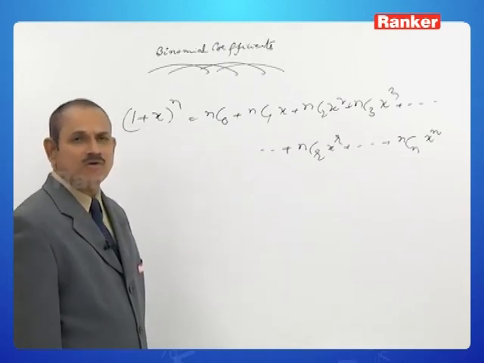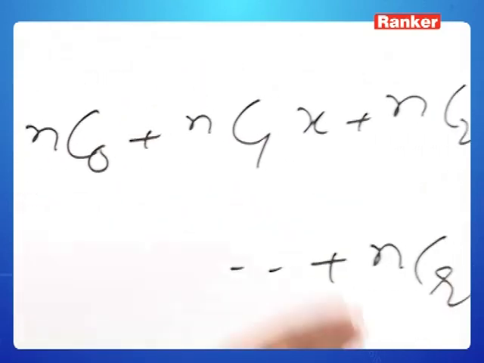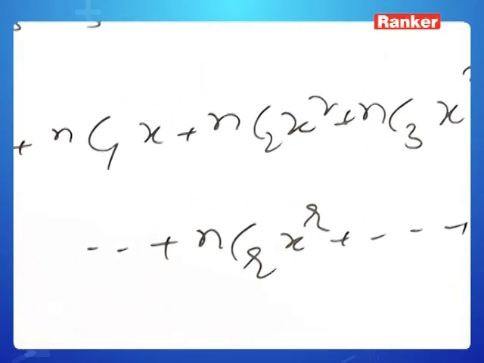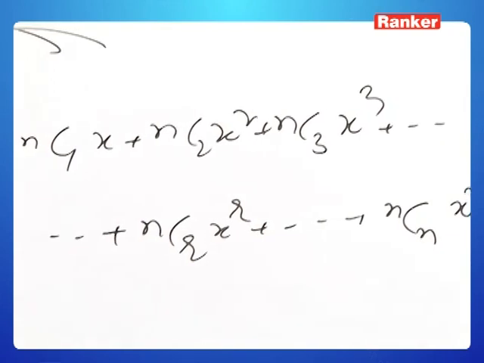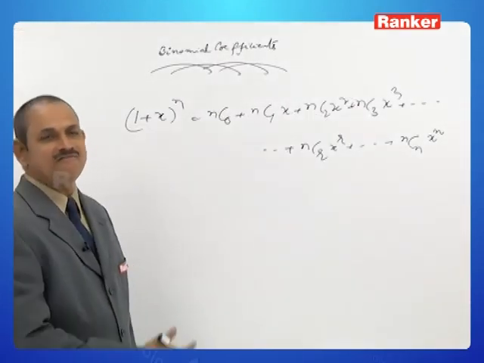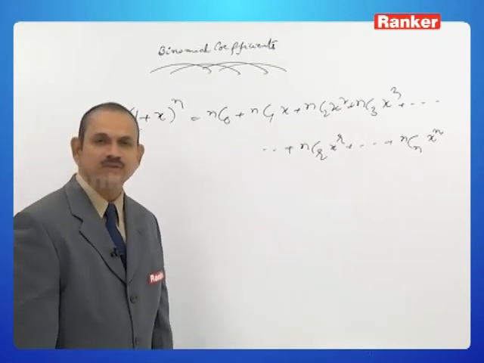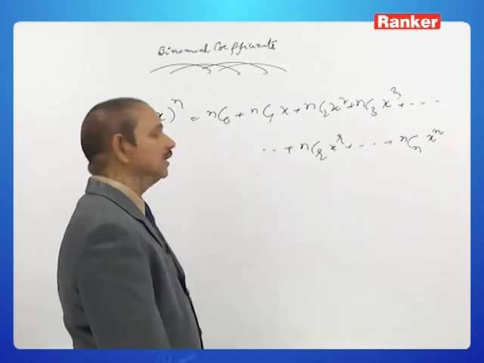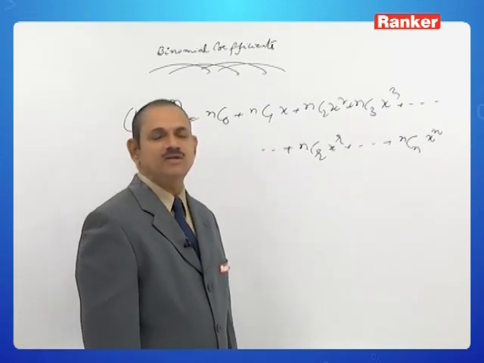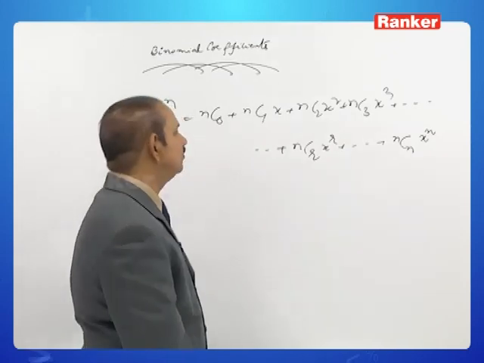The coefficient of x squared is nC2, of x cubed nC3, of x to the power 4 nC4, and of x to the power r, nCr. You need not run for any other value of r like that. It is straight and simple. You can read the coefficients as you like. The coefficient of x to the power r is nCr.